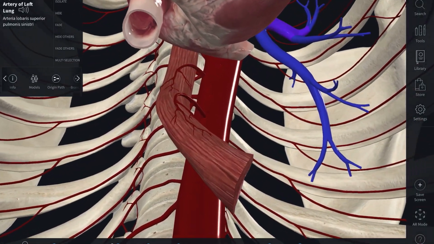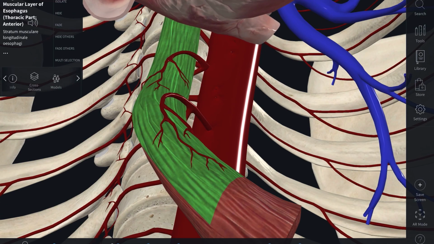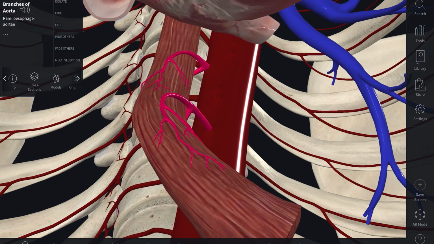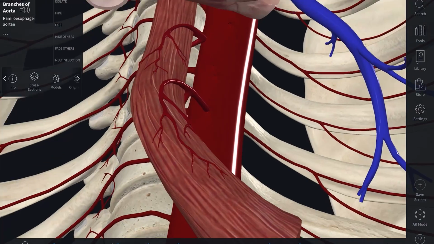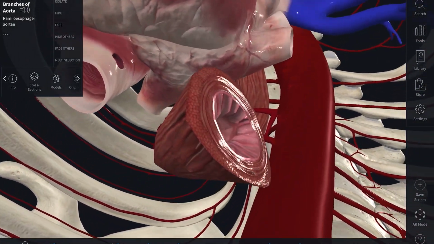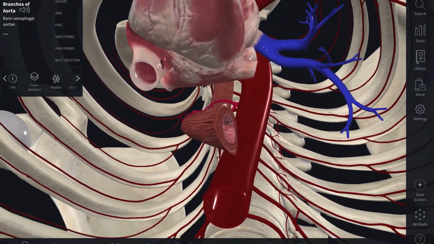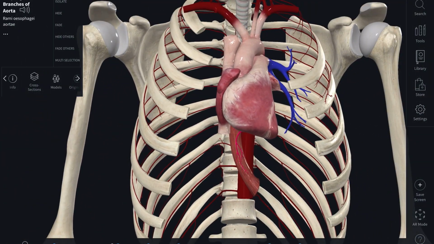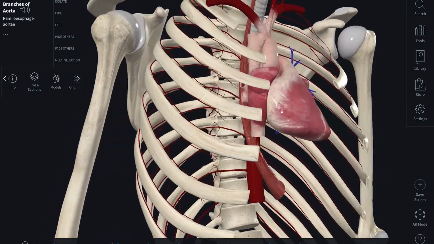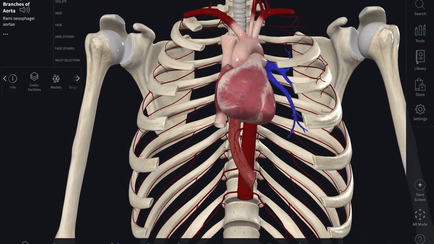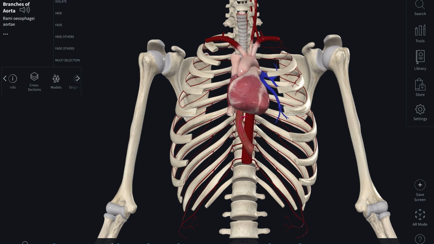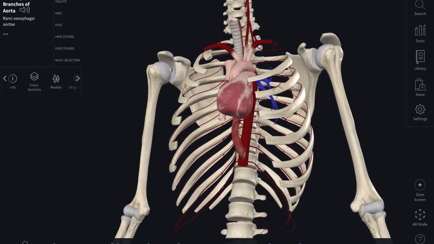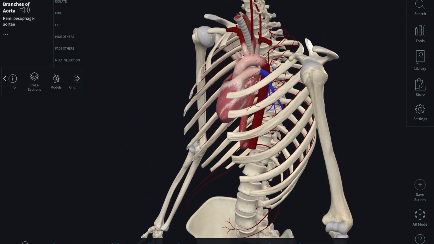We have branches off the aorta feeding the esophagus, our esophageal branches, which you can see right there. And I think we've got everything that we wanted to cover for this video. So hopefully that helps you see it just a little bit better.